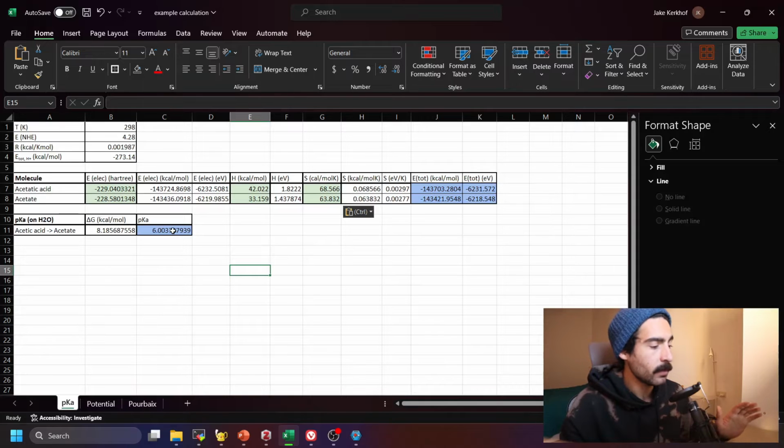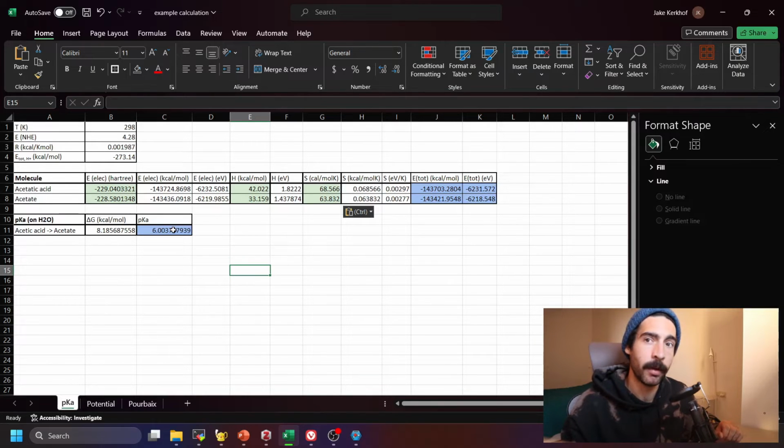So not exactly what the literature shows of a value of 4.8, but it's roughly 1 pKa unit different, and for most applications it's going to be close enough. It's not conclusive in all circumstances, and you're just going to have to live with that.